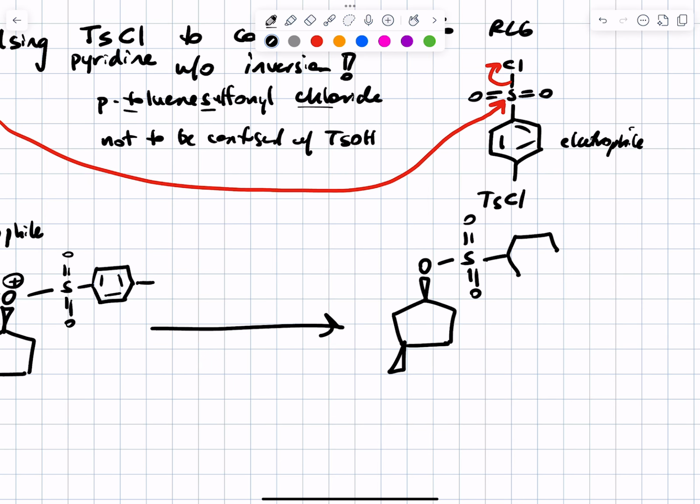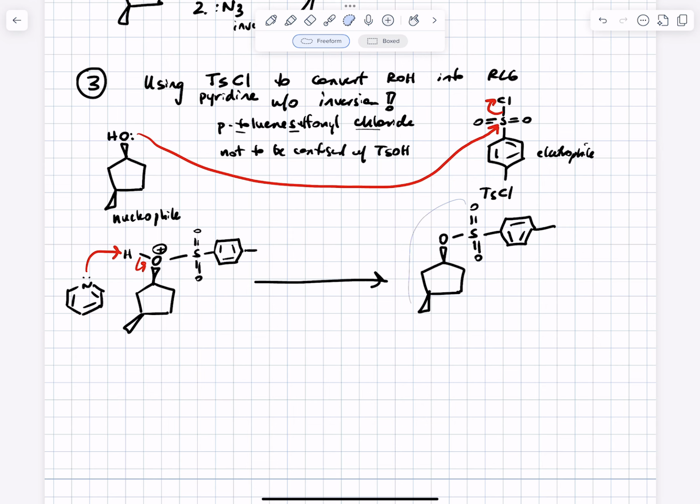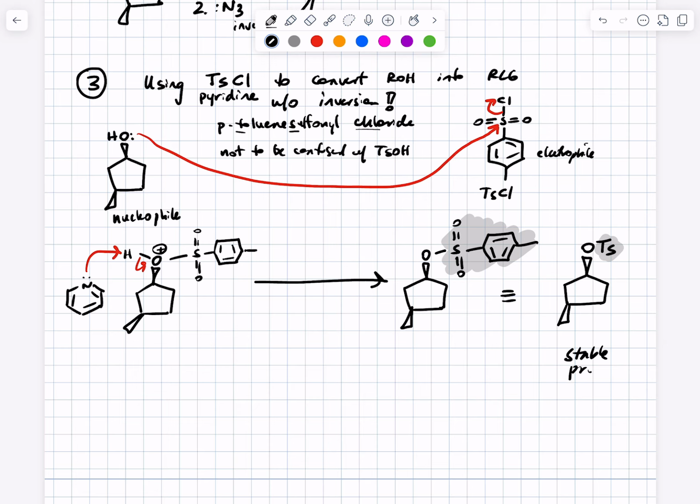Because we get tired of drawing all of that, we will abbreviate what's in gray with the letters Ts. Okay. Now, at that stage, we are done. This is a stable product.